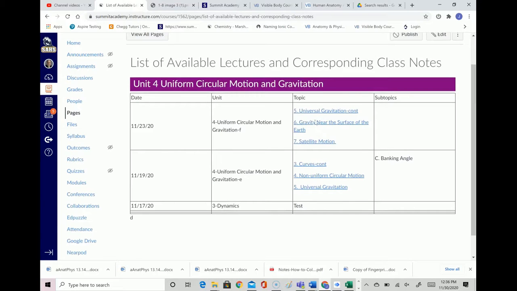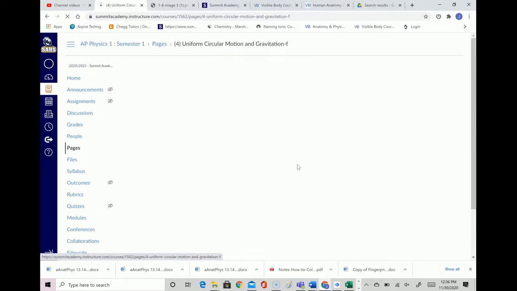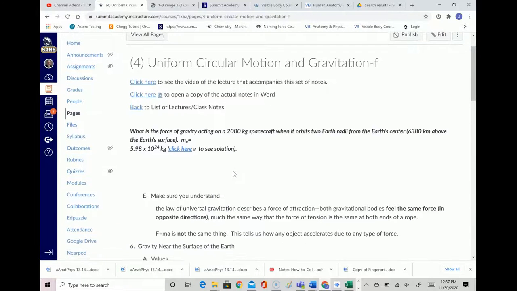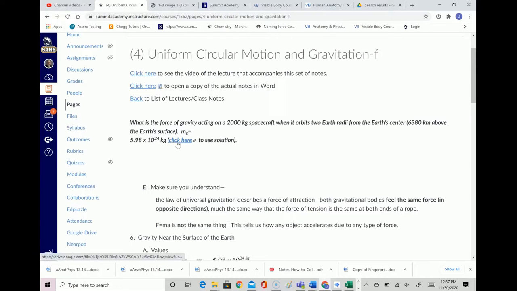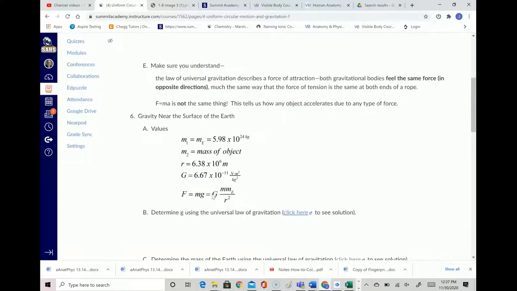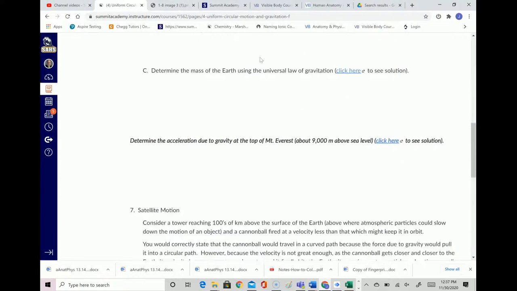If you go to the page, it goes to a notes page that's similar to what your class notes are. But if you miss things like a solution to this problem, it's got a thing you can click and you can go to that. And it'll show you the solution. It doesn't take forever. So there was a solution to that problem. But anyway, all of this is there, and you can see that the solutions are there.